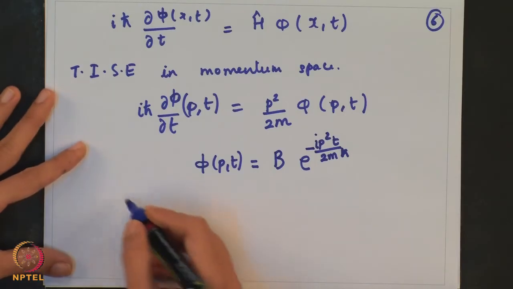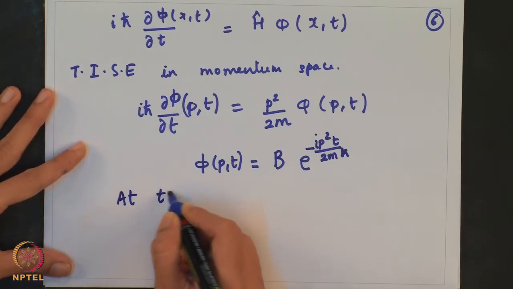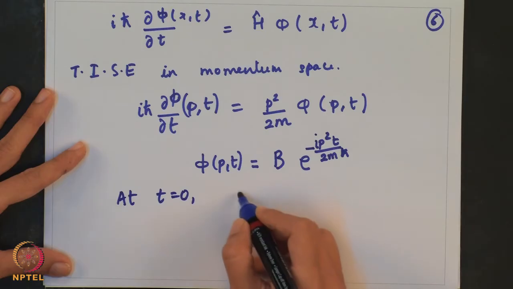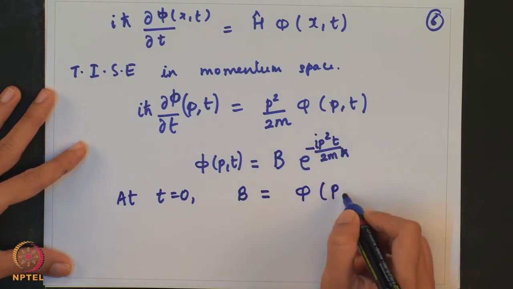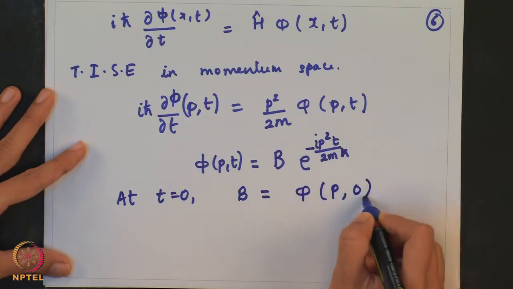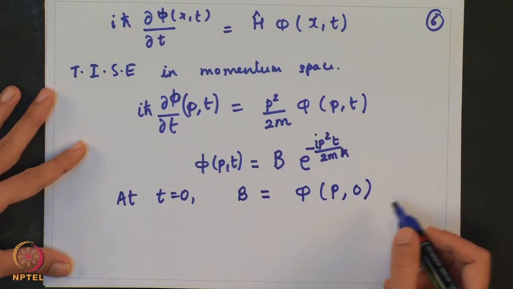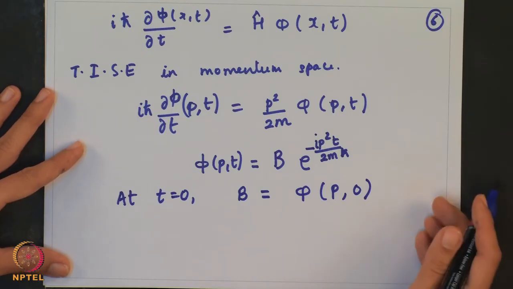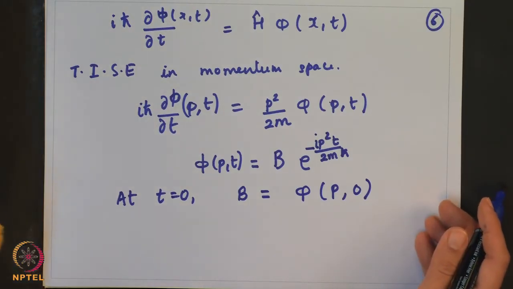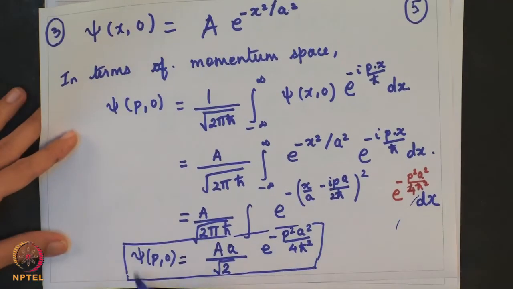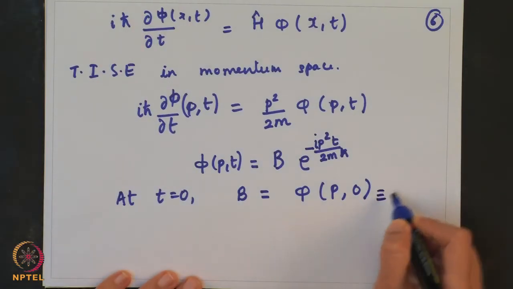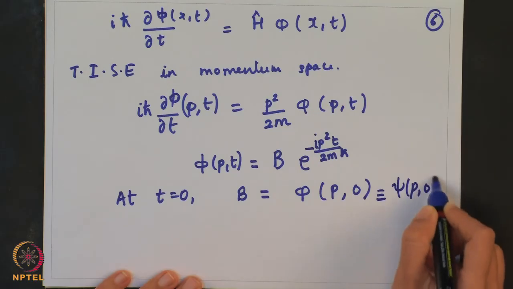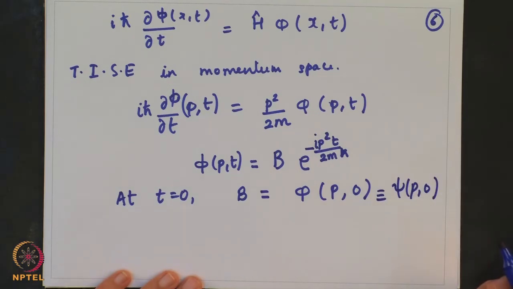Now, at t equal to 0, I get φ(p,0), which we have evaluated in our previous expression, ψ(p,0), which I have already defined.